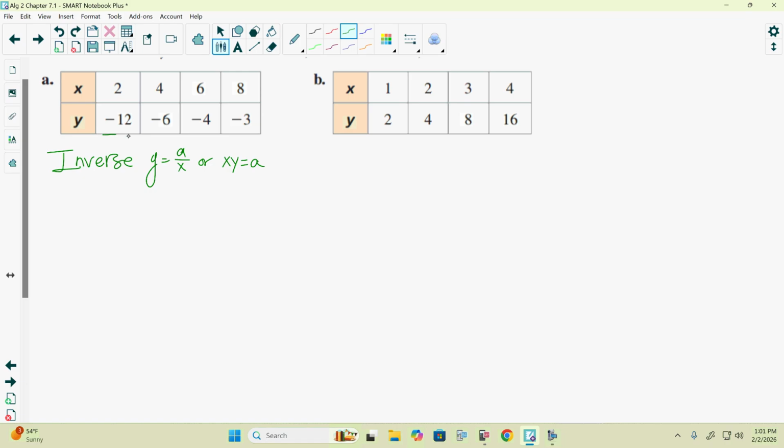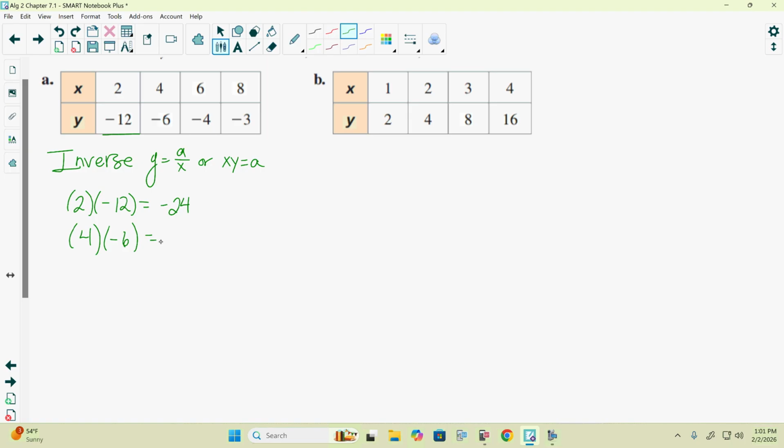And so what we can do is take our x and y values, so 2 and negative 12, and multiply them together. 2 times negative 12 is negative 24. Then we can move on to our next set, 4 and negative 6.